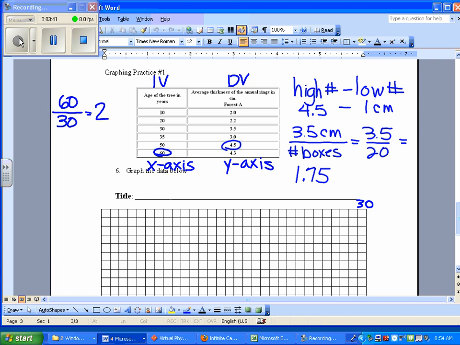You always round up. This number is going to round up to a 1, a 2, or a 5. So 1.75, I'm going to round up to a 2. So this side is going to have a 2 as well.